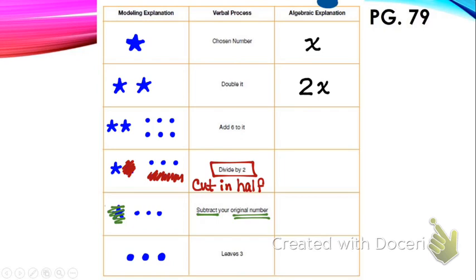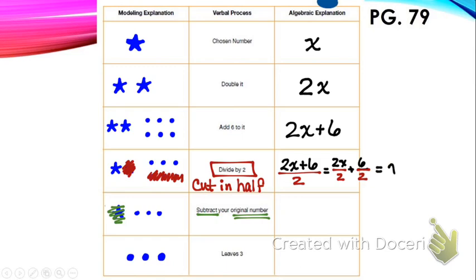When I told you to add 6, 2x plus 6. And then I asked you to cut it in half. X plus 3. So I can take 2x plus 6. When I cut it in half, I cut both parts in half. 2x gets cut in half, and the 6 got cut in half.